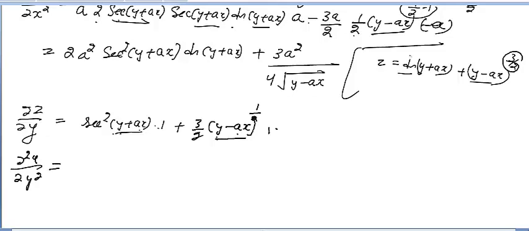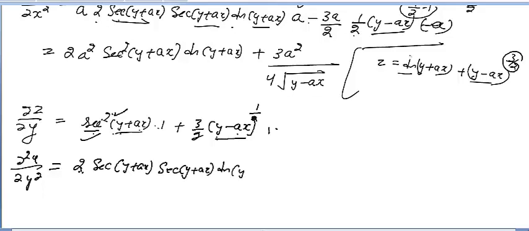So what you will get, derivative of secant square. So 2 is here, n is here, u raised to power n minus 1, 2 minus 1, 1. And derivative of secant again, derivative of secant u is secant u into tan u, and derivative of u again, y plus ax, derivative with respect to y is 1 again.